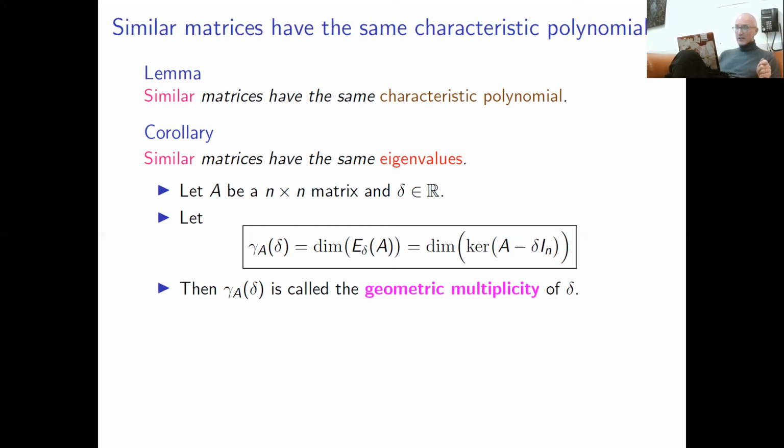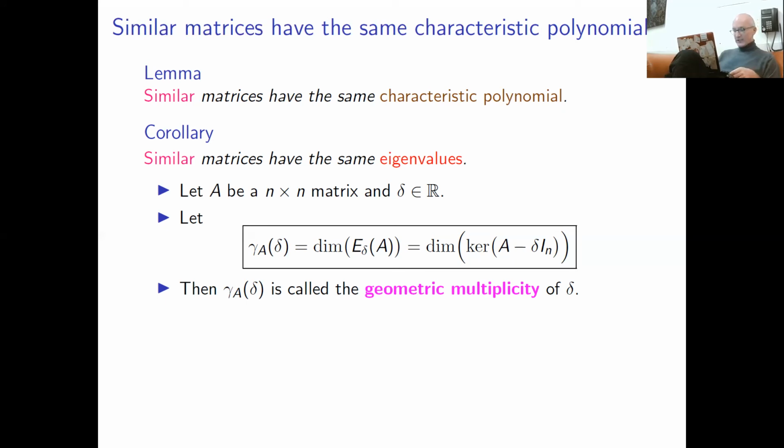In particular, if the dimension of this delta eigenspace is positive, it means there exists an eigenvector with eigenvalue delta. It means delta is an eigenvalue. So the geometric multiplicity is positive if and only if delta is an eigenvalue.